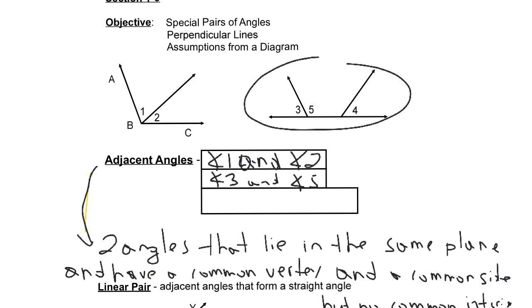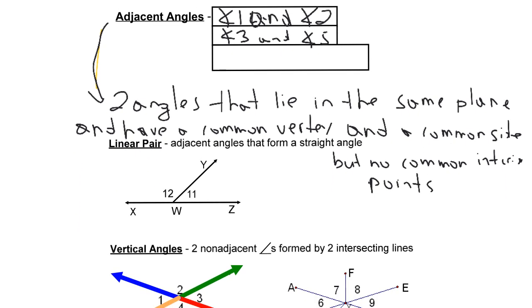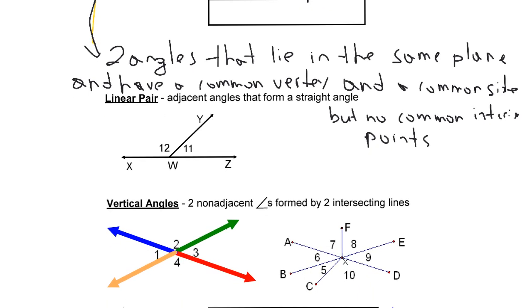Okay, so that was our first definition. The second definition is a linear pair. Pair means two angles, and linear means when you put them together or next to each other, they will form a straight line or straight angle. So by definition, adjacent angles that form a straight line.